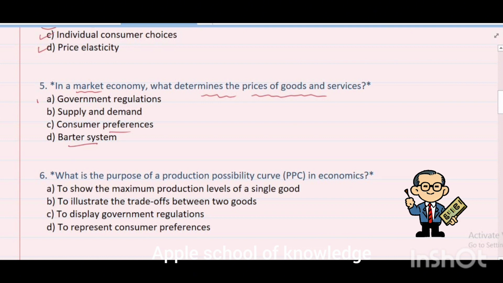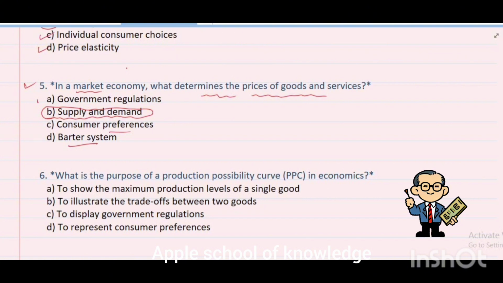So if you remember, prices in the market economy are primarily determined by the forces of supply and demand. Okay, if you are supplying more product in the market and the demand is low, then definitely the price will be low. So this is the option B, supply and demand, as the market forces that determine the price in the market economy.